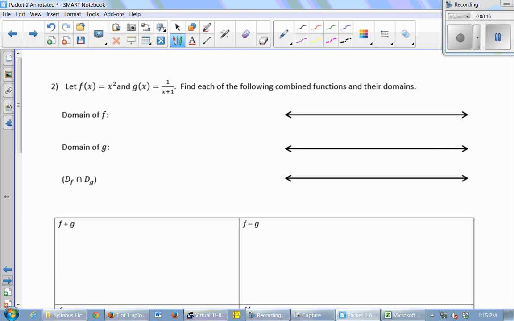No. I can square any number in the whole world, positive, negative, 0, so there are no restrictions on f. So the domain of f is negative infinity to infinity, all real numbers. And on this number line, that just means shade the whole number line.